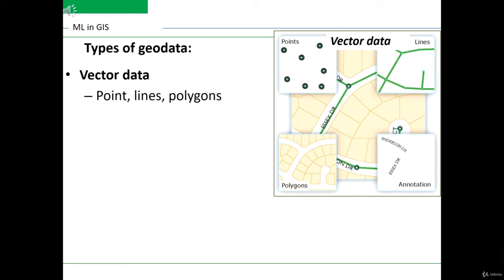Vector data consist of vertices and paths. The representations of different types of vector data can be seen on this slide. The three basic types of vector data are points, lines, and polygons. Each point, line, and polygon has a spatial reference frame, such as latitude and longitude, which are simple geographic coordinates.